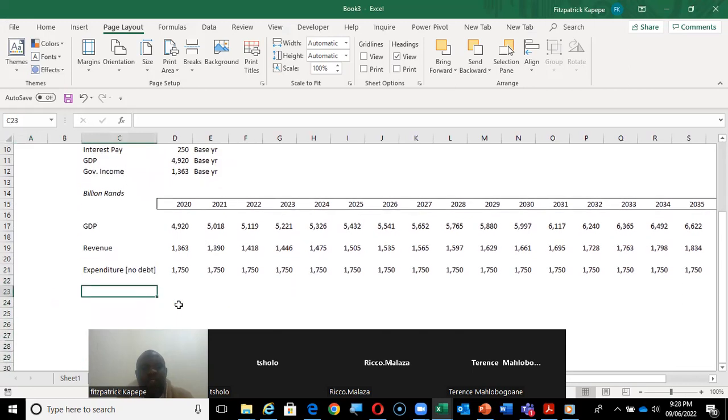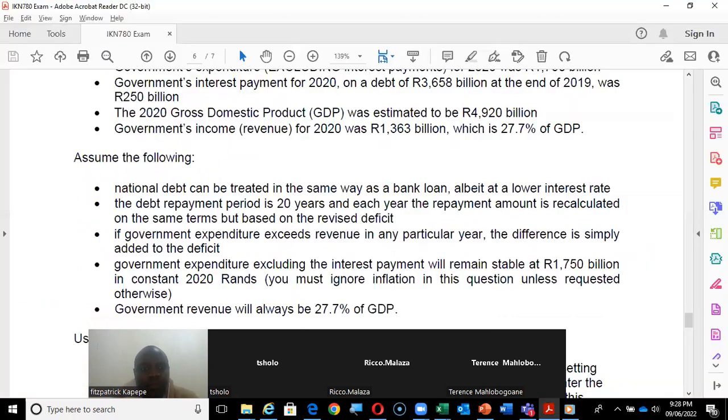Okay, so we need to find expenditure where there's some debt servicing. But again, you can see already that we are going to have a deficit, but we need to check what the definition of deficit is. Is it supposed to include debt servicing when you're doing the computations?